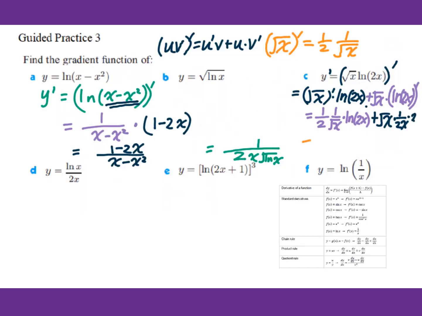Now we organize. You will get natural log of 2x over 2 square root of x, then plus, the 2 is gone, square root of x over x.